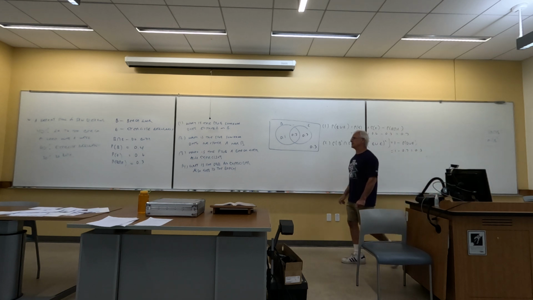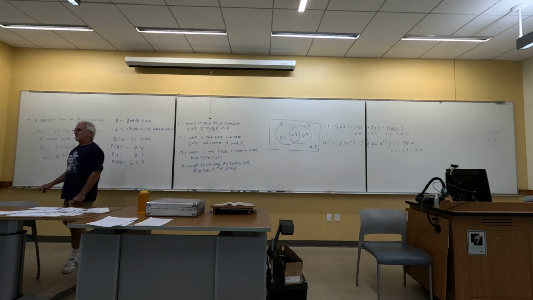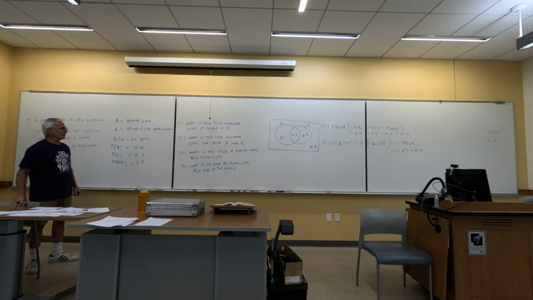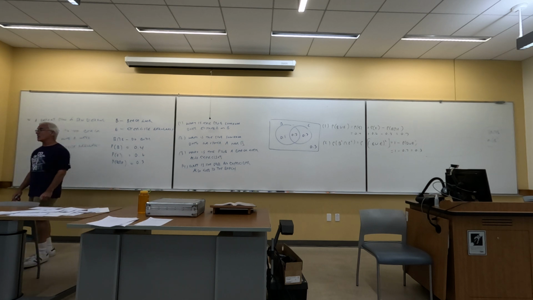Now, the next two questions are kind of tricky. What's the probability that a beachgoer also exercises? So I'm asking you, not what's the probability of somebody going to the beach. No, I'm asking you, what's the probability that somebody exercises given that you know they go to the beach?